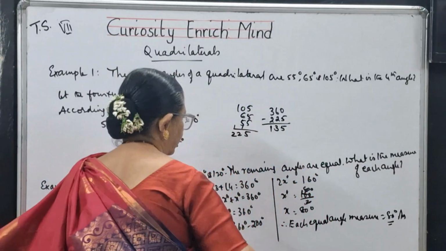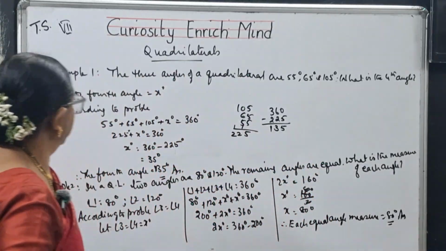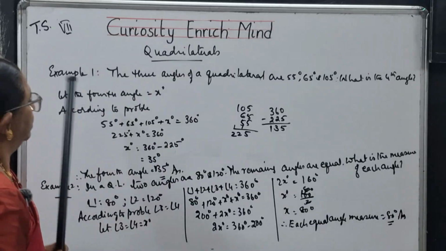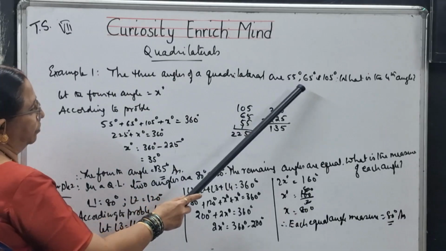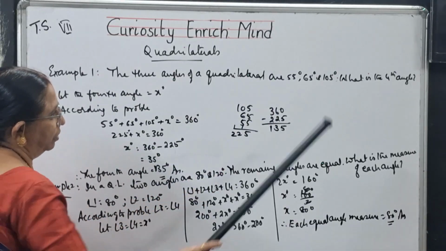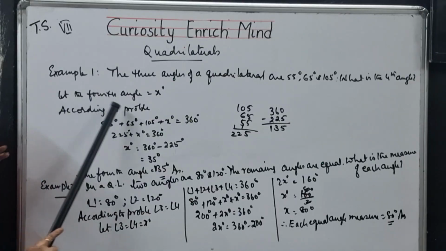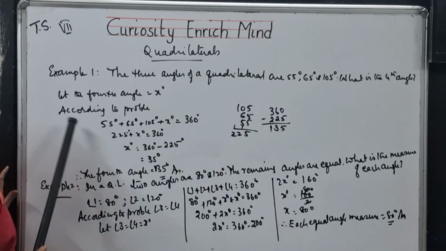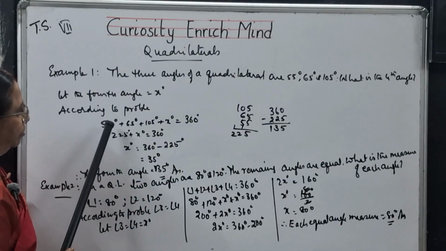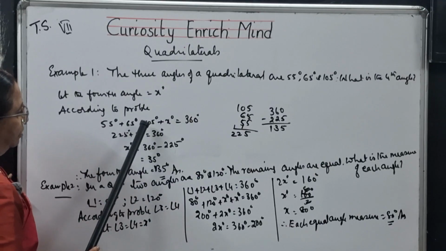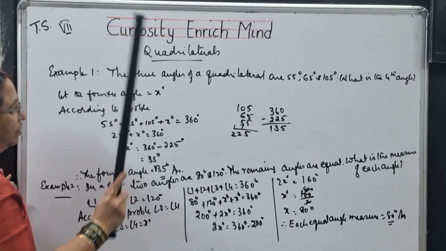See, what have they given? Example 1: three angles of a quadrilateral are 55, 65, 105. What is the fourth angle? We consider the fourth angle as x degrees. According to the problem, 55 plus 65 plus 105 plus x is 360.